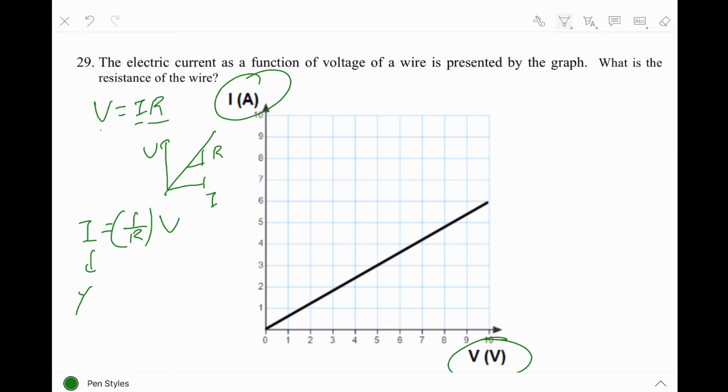So this is your Y, this is your X, and this is your m. All right. So your slope is reversed. Now all you need to do is find this point. This point is 10 volt and 6 amp. So your slope is 6 over 10, but your resistance is inverse. So your resistance R is 10 over 6.